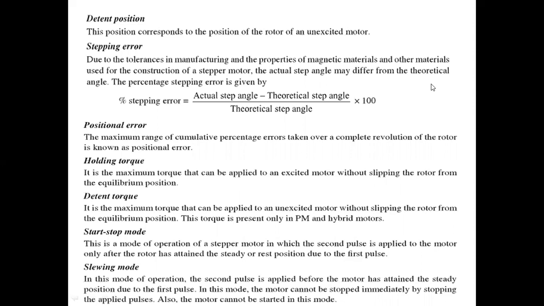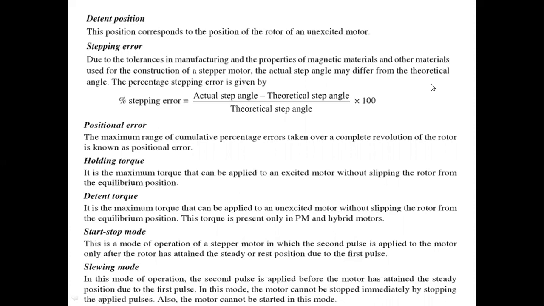When you give supply to the stator coil of the A phase, there is an excitation provided to the coil. Therefore, that A coil behaves as an electromagnet and produces the magnetic field.